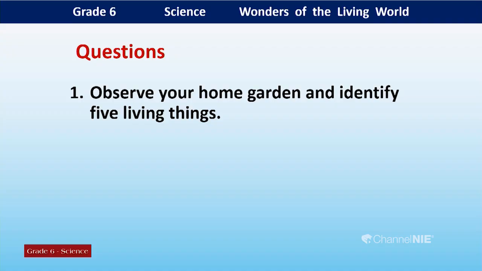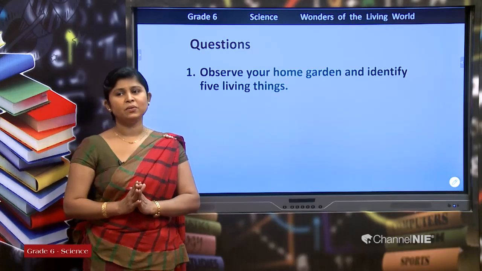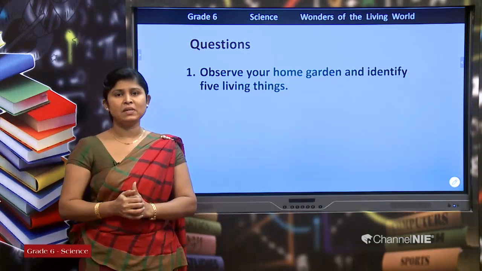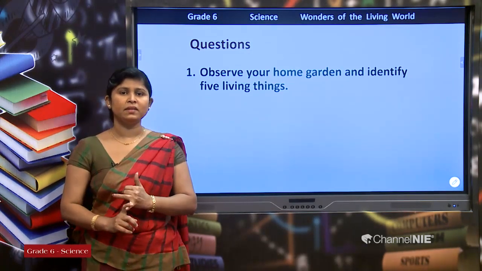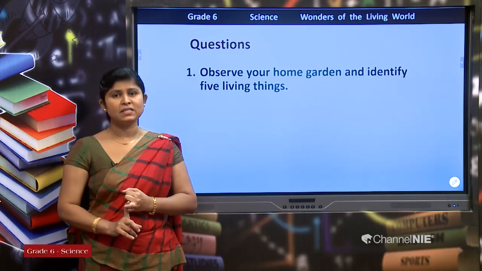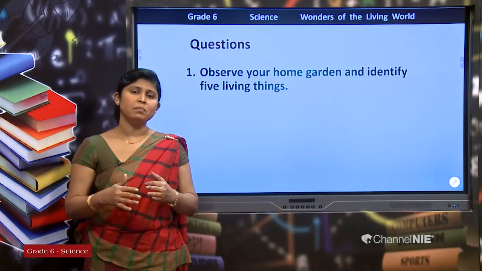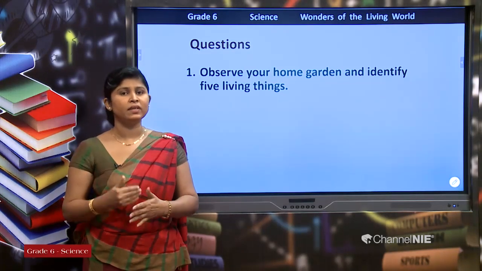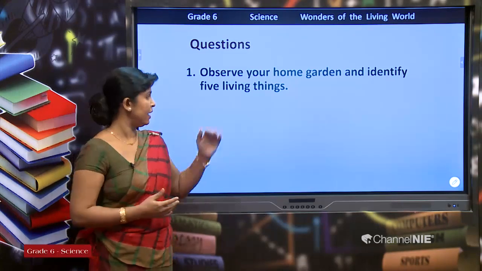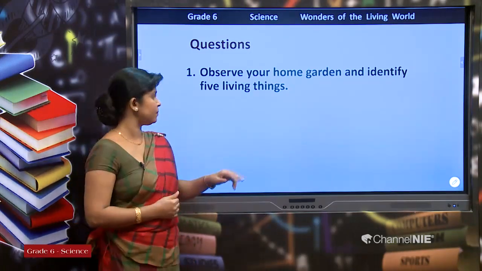Observe your home garden and identify 5 living things. If I give you some examples, you can identify birds, soil animals, fish in the pond, and other animals like dog, cat, parrot. Likewise, you can write your answers.